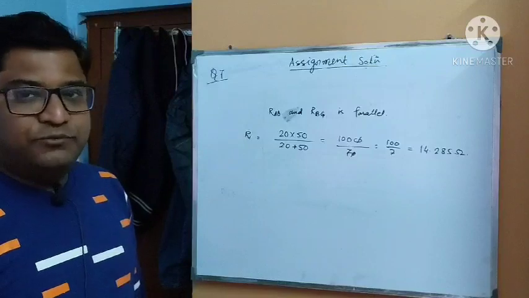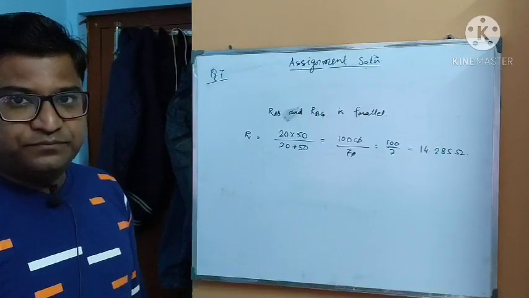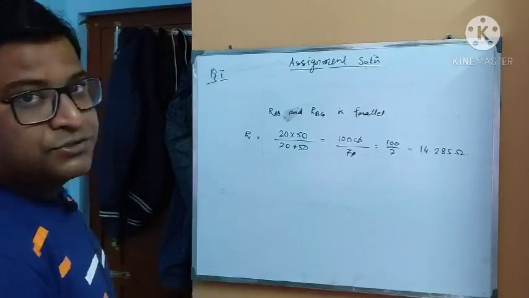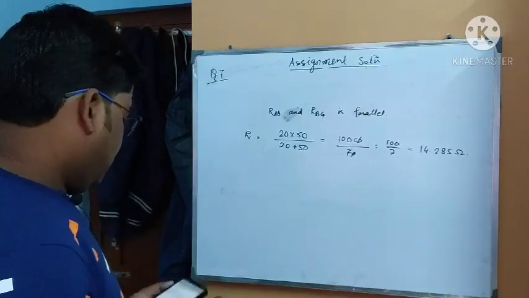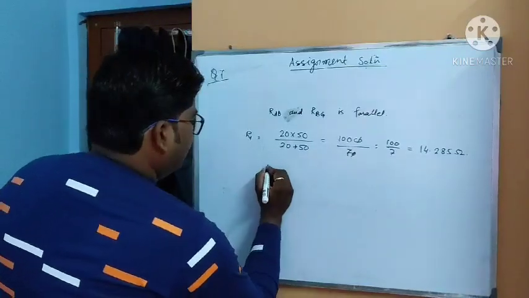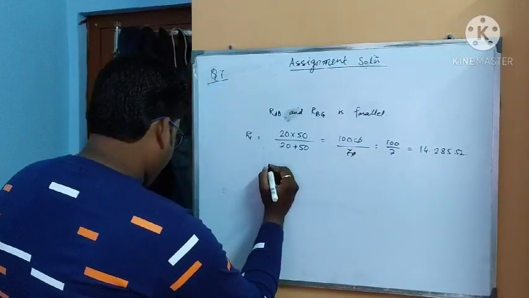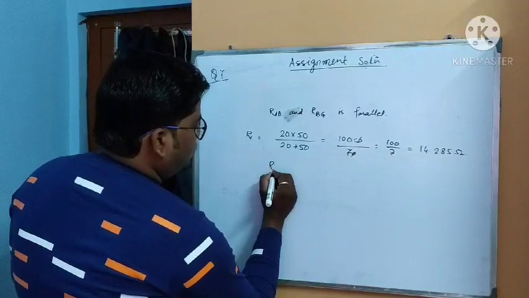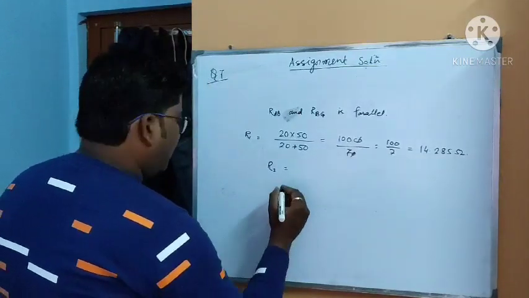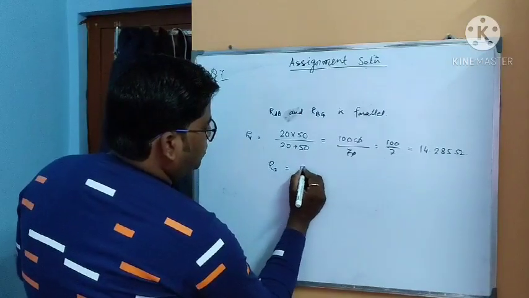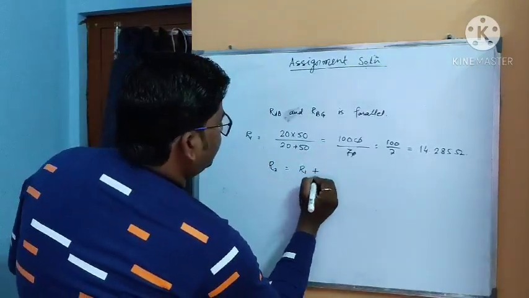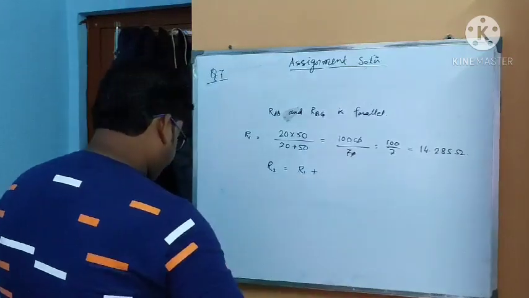From the circuit diagram we can clearly understand that this is in series with the 25 ohm resistance, so we consider this as R2. So what is R2? R2 is nothing but the series combination of R1, which we have determined over here, with RBC.